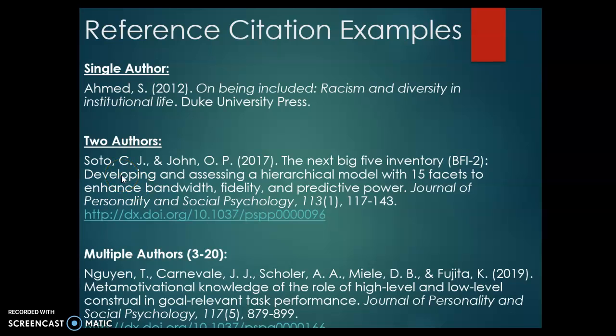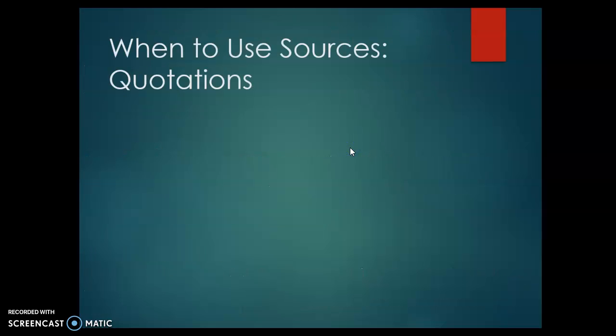If this were a newspaper article, these would be done differently. If these were PhD dissertations, you would cite these differently. So the important thing to note here is the authors. How many authors are involved will determine how you make your citations in your document. And then you have to look up what type of source you're using to figure out how to make a reference citation.